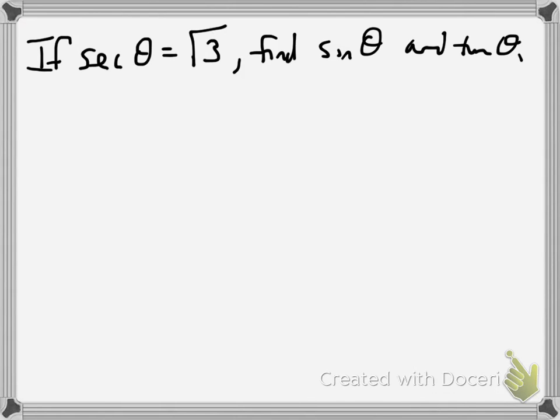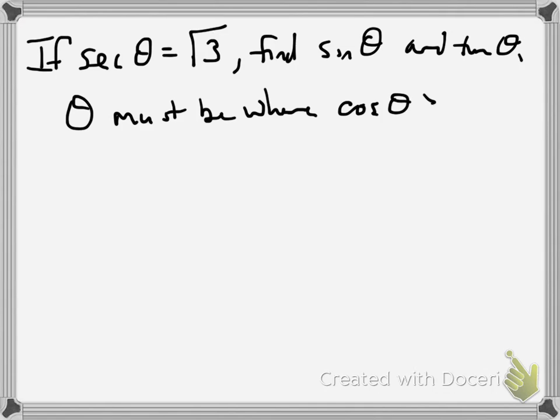Okay, so first thing we've got to figure out is which quadrant theta is in, because that's going to help us determine whether x, y, and r are positive or negative. Since I know that secant is a positive value, theta has got to be in the quadrants in which cosine of theta is positive, because secant and cosine are reciprocal identities of each other.